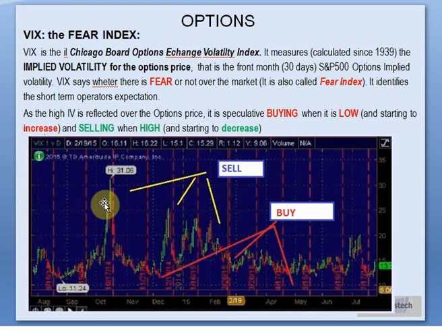So when it's high, it means that there is a fear expectation over the near future, over the short-term future.